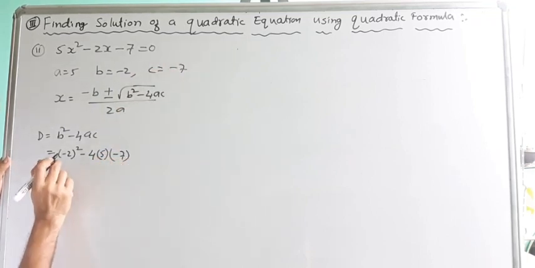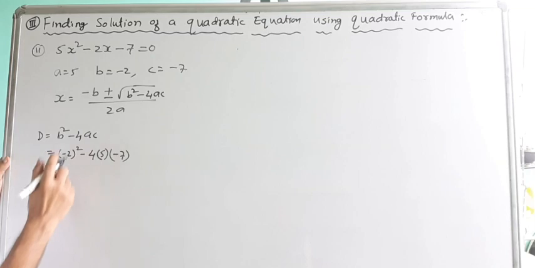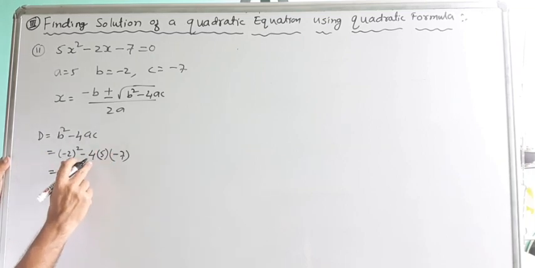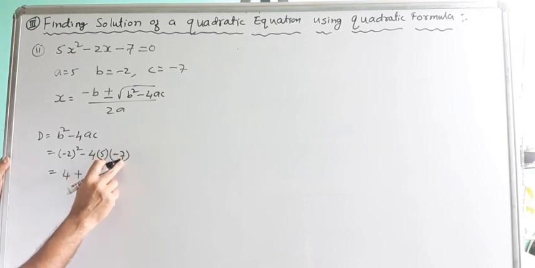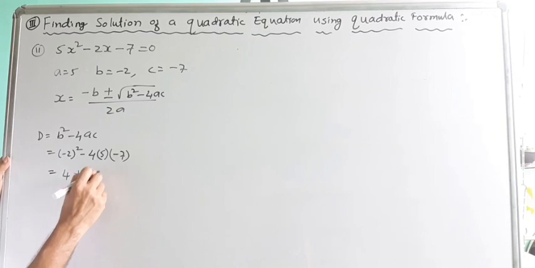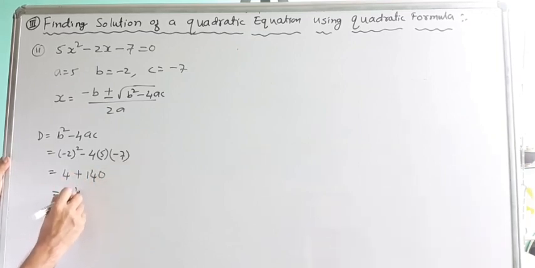So this is minus 2 square, and a minus square always gives us plus. 4 5s are 20, into 7, 7 2s are 14, so 140, and this gives us 144.